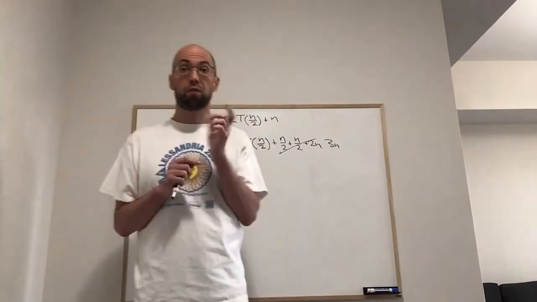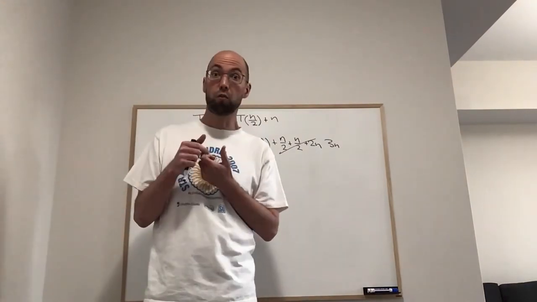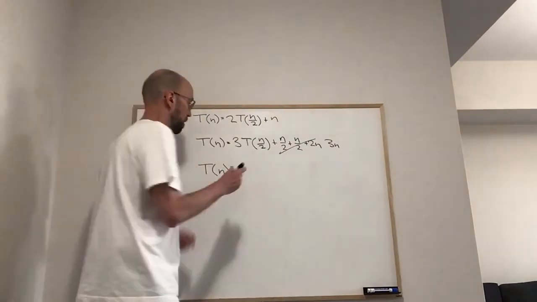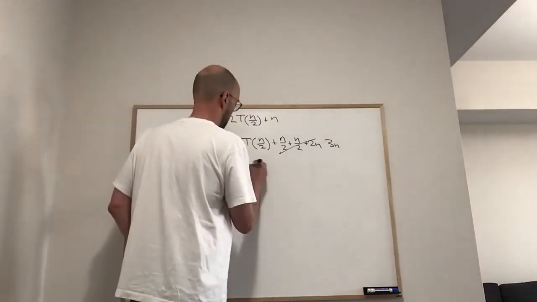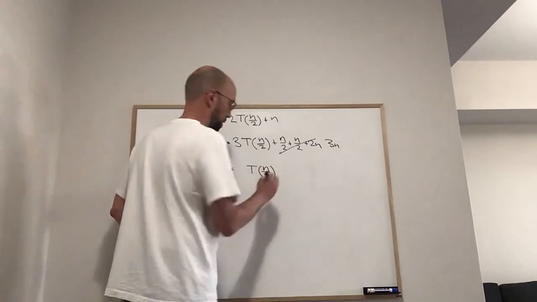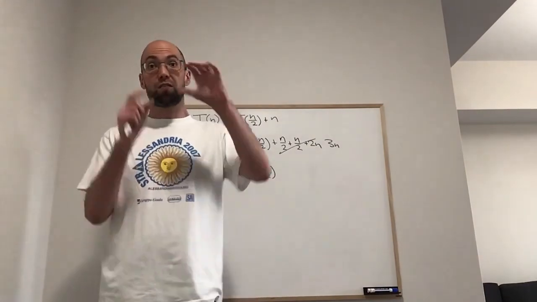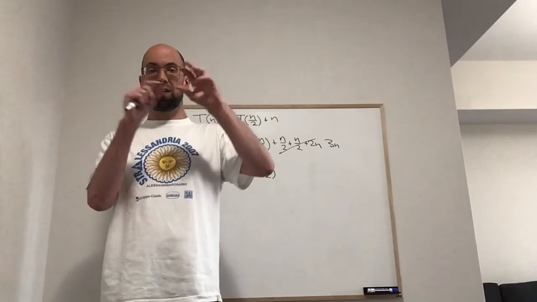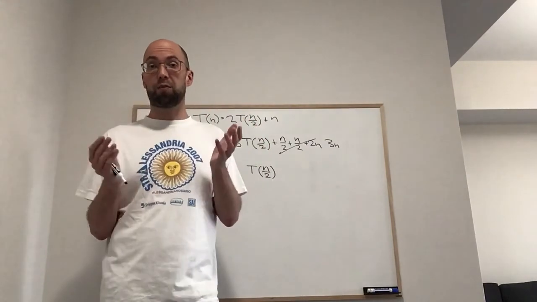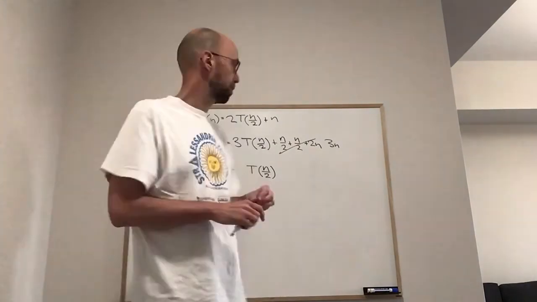But each of those quarters is now an n over 2 by n over 2 matrix. So we're still going to have T(n/2). But then if you go through Strassen's algorithm, instead of multiplying this by this, and this by this, and this by this, and getting 8 multiplications, remember we did all that fancy stuff and we only got 7.